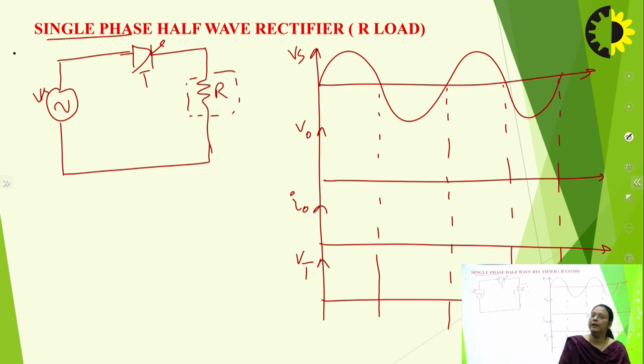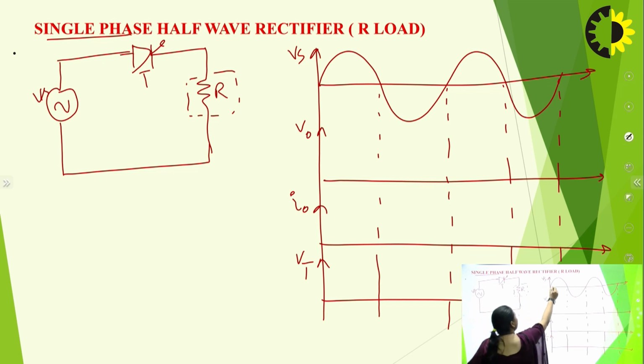So let's say that at an angle alpha, the thyristor is getting the firing pulses, right. So here you can see during the positive cycle of the supply, the thyristor will get forward biased, and let's say at an angle alpha, it is getting trigger pulses at its gate terminal.